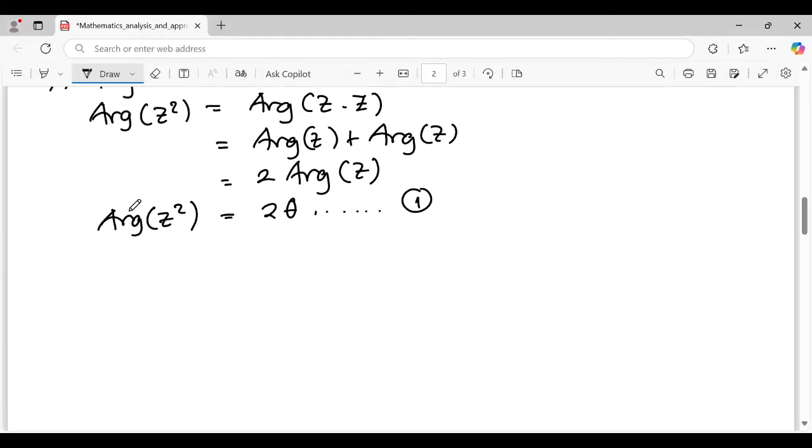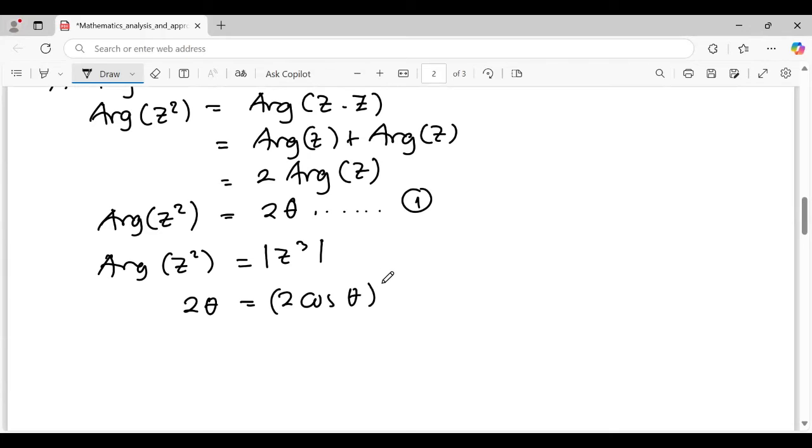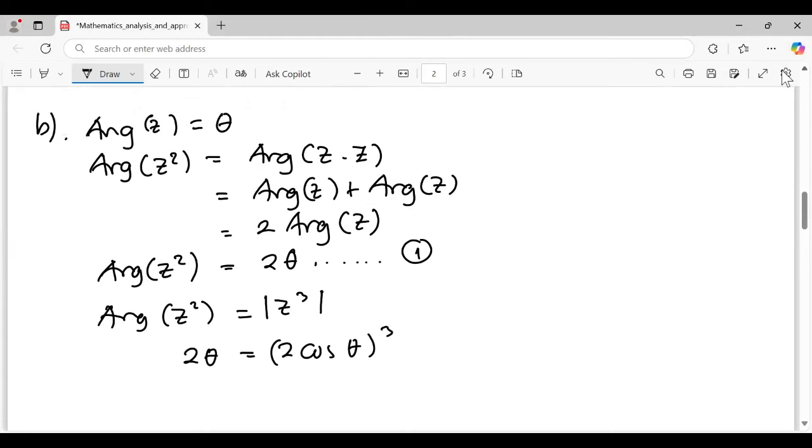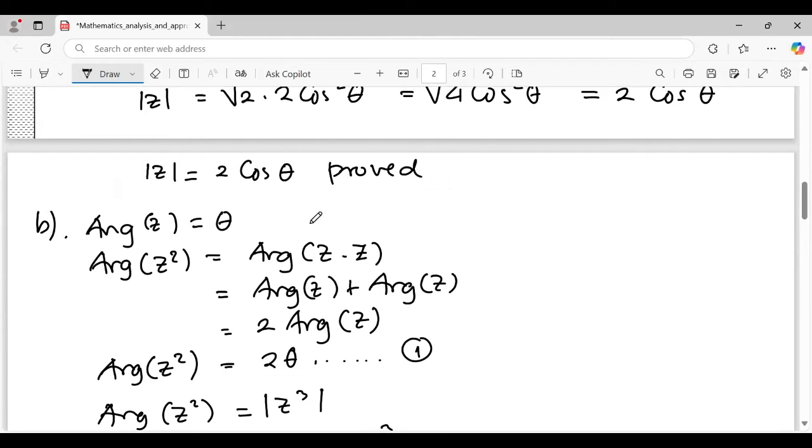Next, if argument z squared equals modulus z cubed, it means 2 theta equals 2 cosine theta cubed.